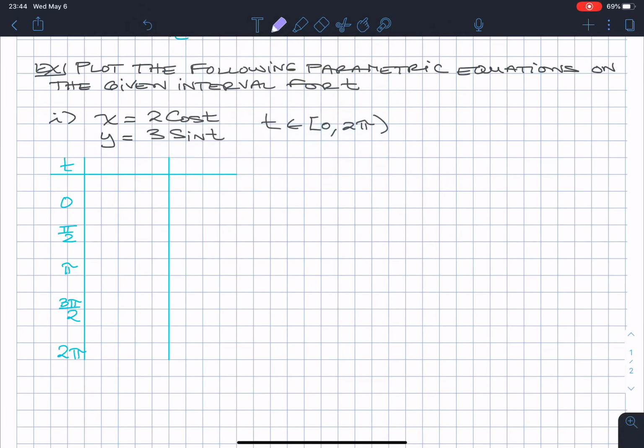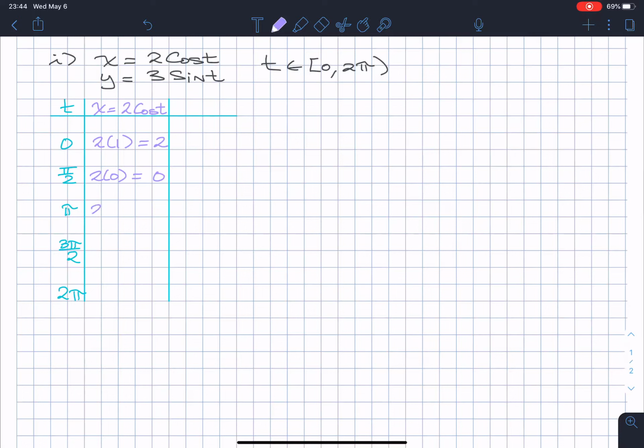Okay, so the x coordinate, which is 2 cosine of t. So cosine, not cotangent. 2 cosine of t. Okay, so cosine of 0 is 1, so this is 2 times 1, which is 2. Cosine of pi over 2 is 0, so this is 2 times 0, which is 0.